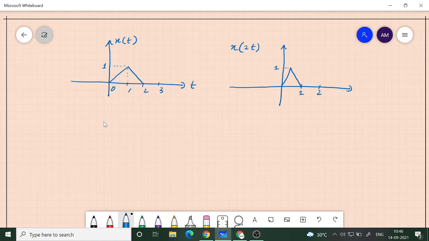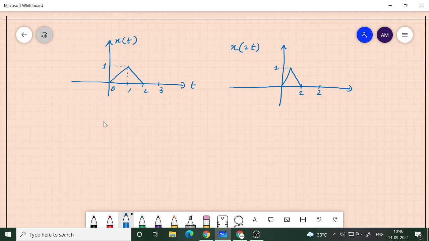So x of 2t: time is running in the same manner for both, but because the argument is now 2t, it speeds up the changes. What used to happen in 2 units of time now happens in 1 unit of time.